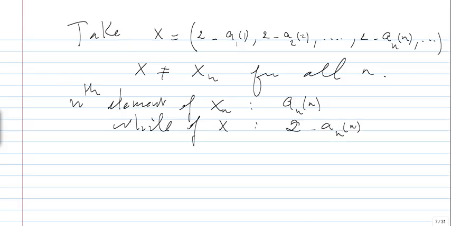These two numbers are different, and that's why this element x. But x belongs, obviously, to 0, 2 to the power n, and is not one of them. So this is your contradiction. So the Cantor set is uncountable.